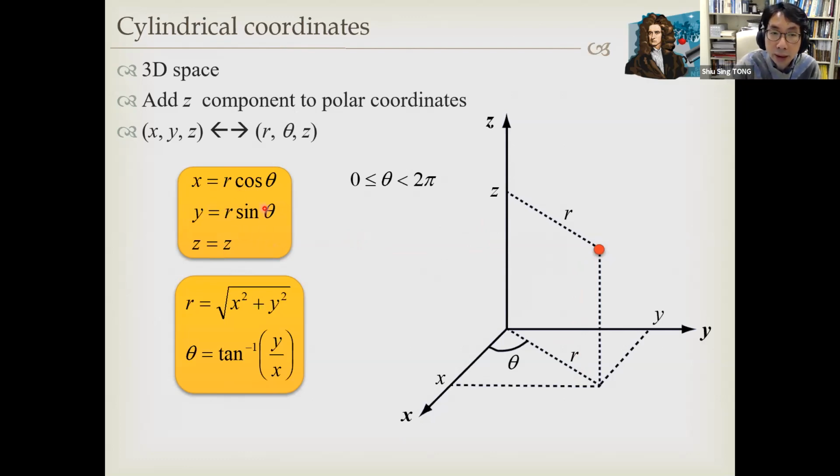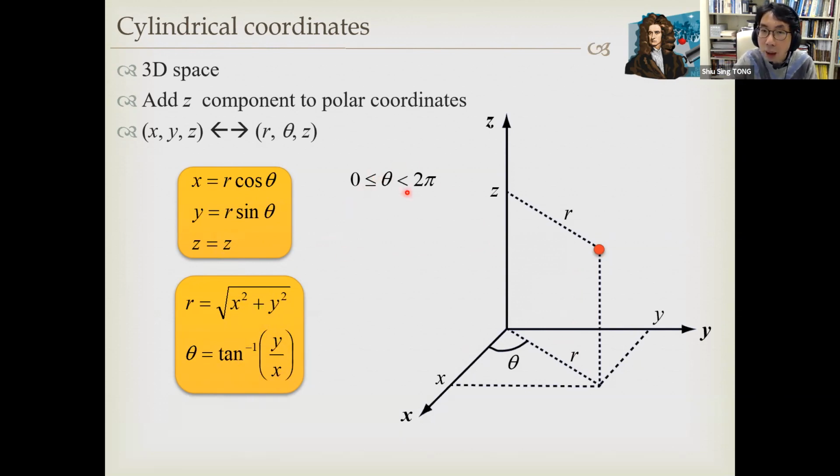You can see this is a simple generalization of the polar coordinate to 3 dimensions. We just add the z component. And also the inverse transformation is the same as polar coordinate. The z is the z. This doesn't change. You can just use the square root of x squared plus y squared to find r and arctangent of y over x to find theta. Okay.